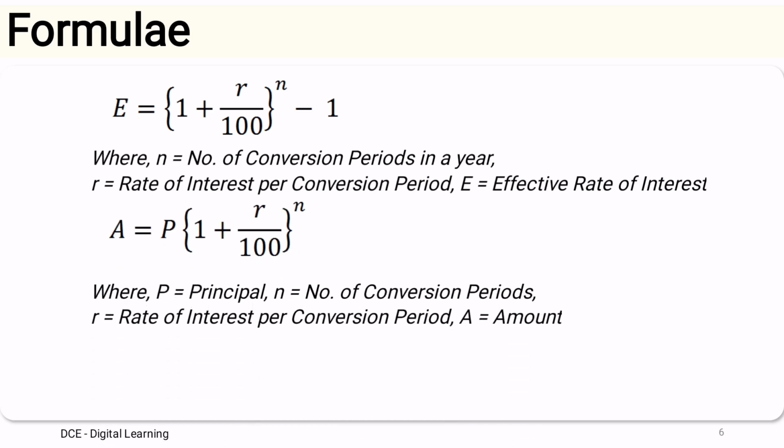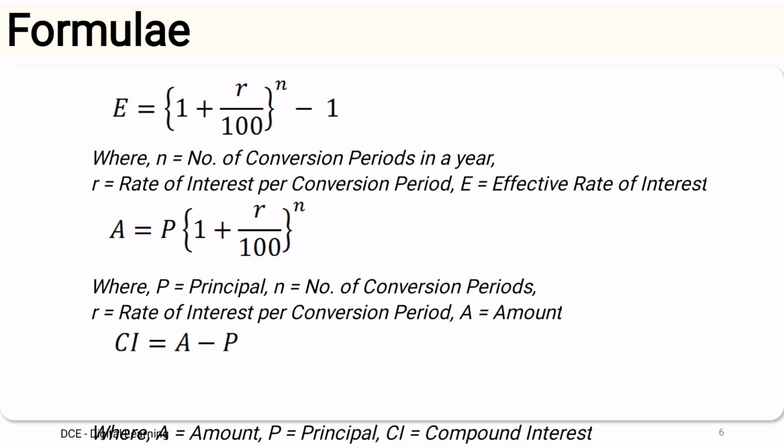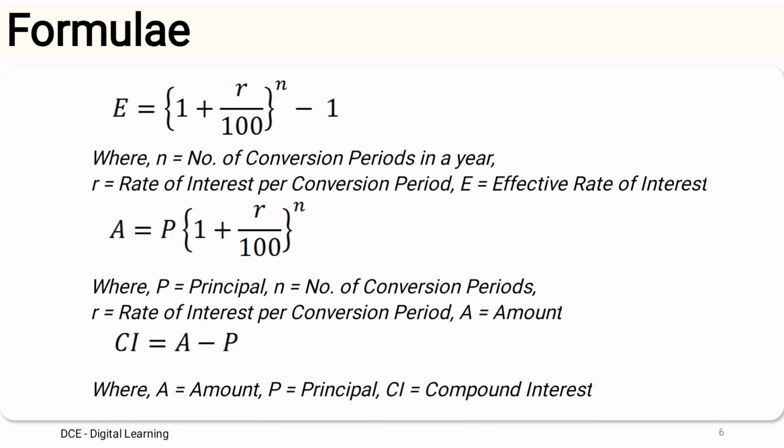And to compute amount and compound interest when interest is compounded more than once a year, A equals P into bracket 1 plus R divided by 100 raised to N. This is the same formula we used in case of compound interest, but the only change is that there N was the period in years, but now N is the number of conversion periods.